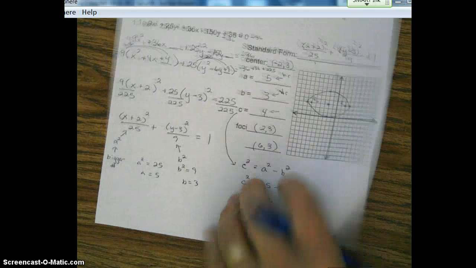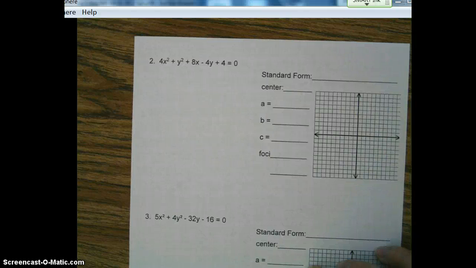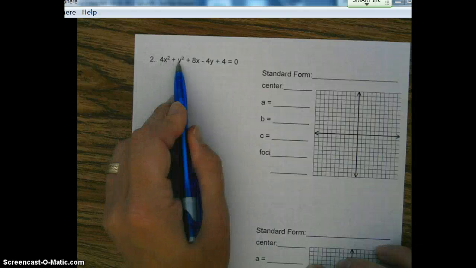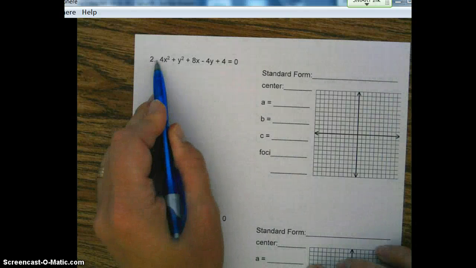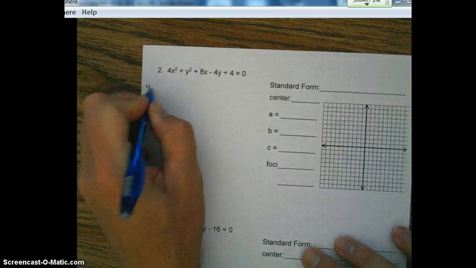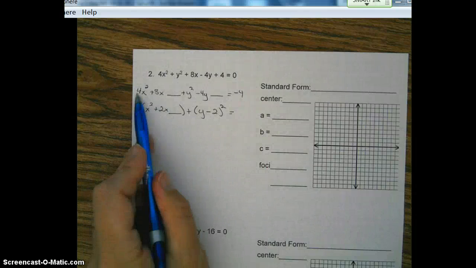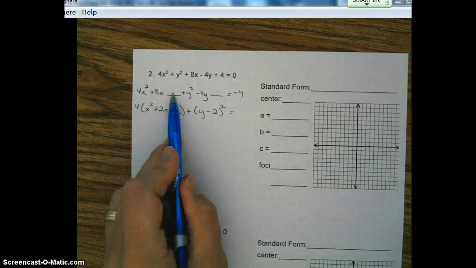Okie dokie. Let's take a look at the back. Alrighty. So A and B, different numbers, same sign, ellipse. Let's get you started. So 4x squared. Group my x's, leave my blank to complete the square.